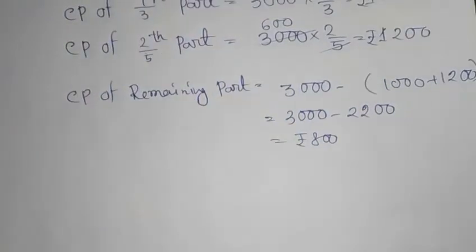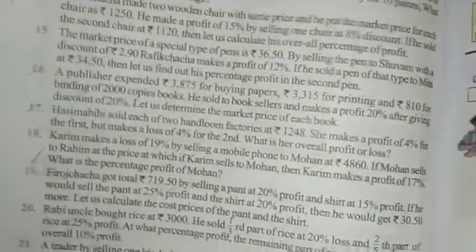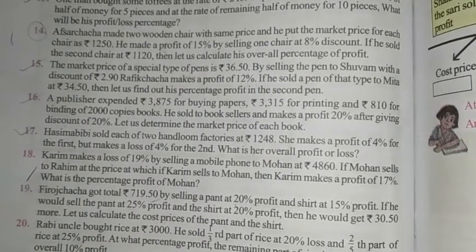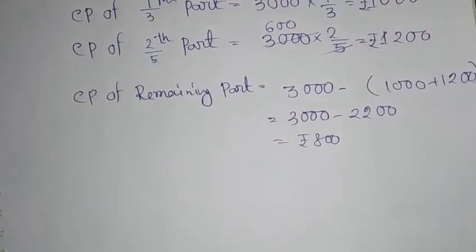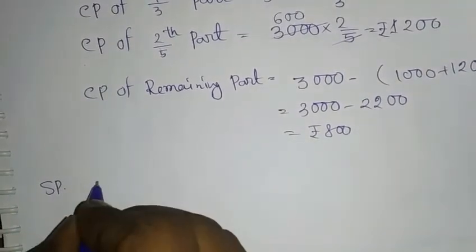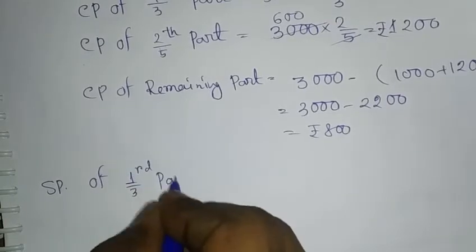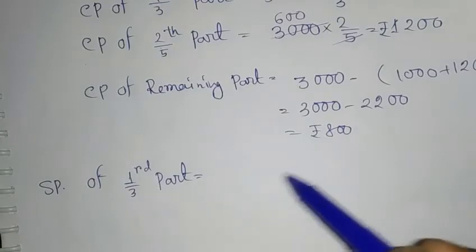Okay, now look, he sold the 1/3 part at 20% loss and the 2/5 part at 25% profit. Now we know the cost price. Now we need to find the selling price. Now the selling price of the 1/3 part, what will it be? Here I am using the shortcut method.